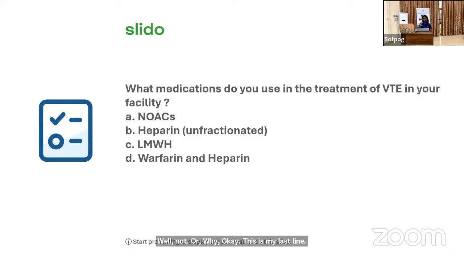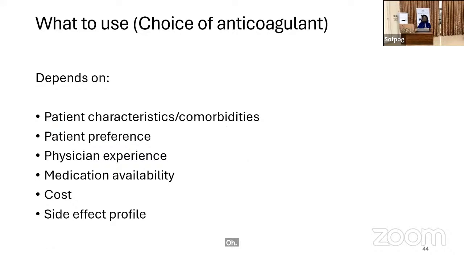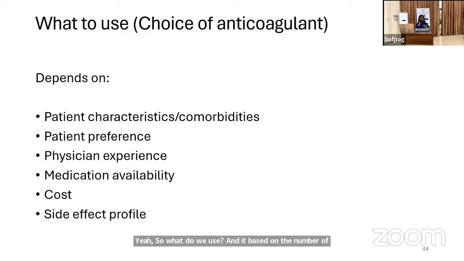What medications do you use for the treatment? We have the newer direct oral anticoagulants, or the old but still useful heparin and warfarin. So what do we use? It depends on a number of factors. The patient characteristics: does the person have renal disease, does he or she have liver disease?